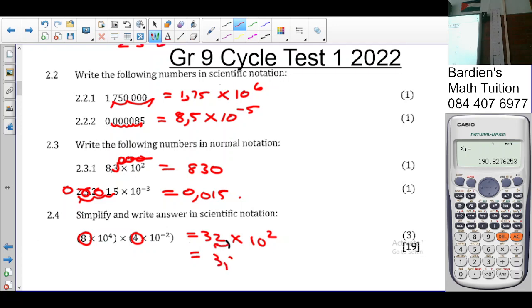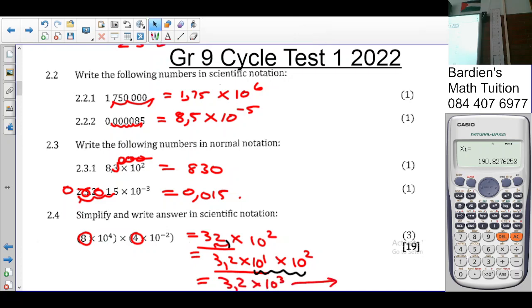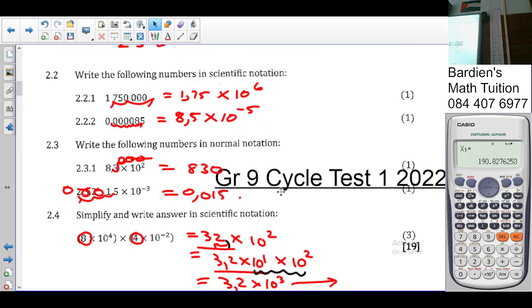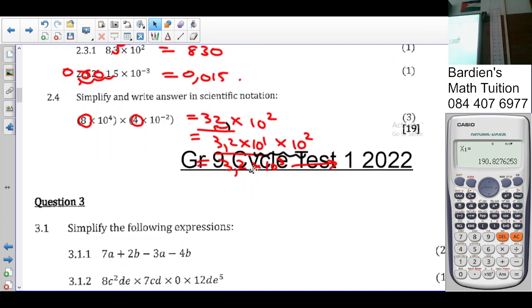So it's 3.2 times 10 to the 1. That is this here, 32 times 10 squared. Remember, when we're multiplying and bases are the same, we add the exponents. So 3,2 times 10 cubed. Okay? So that takes care of 2.4.